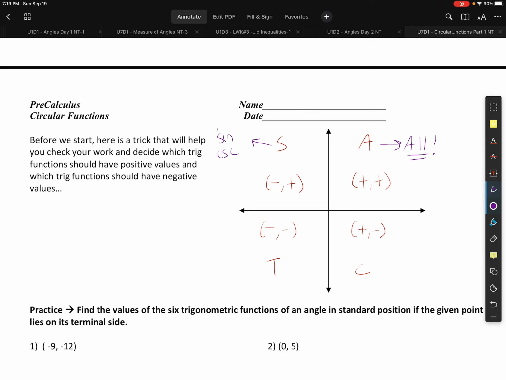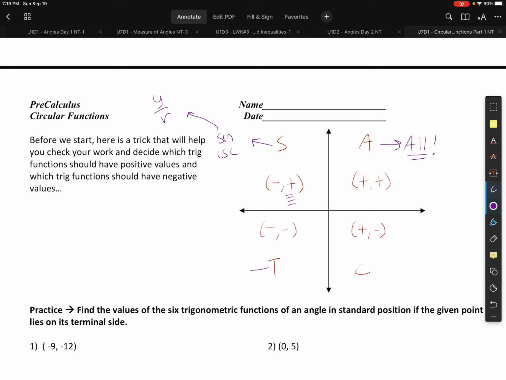Why is that? What we just learned is that sine is y over r. Being that the y value is positive leads to sine being positive. The radius is always positive. It's a distance, a radius of a circle. You never have a radius of -5.